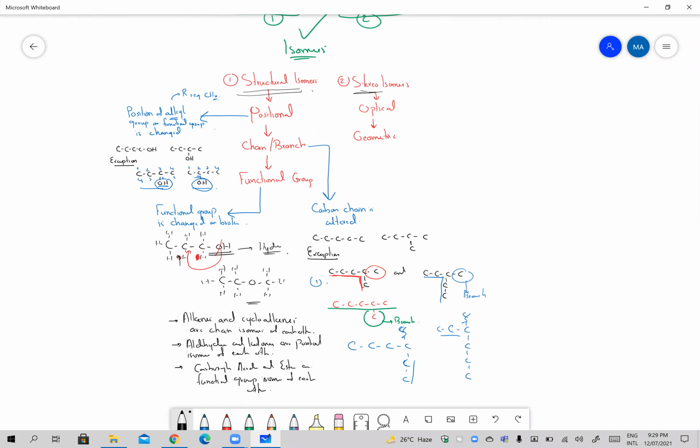You can practice similar examples by breaking and making these compounds. Copied it down? All right.